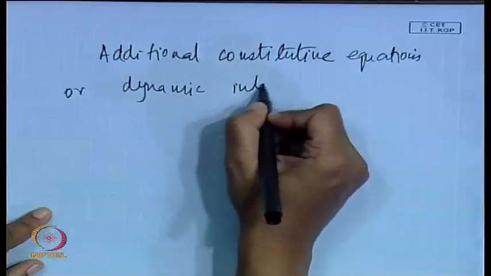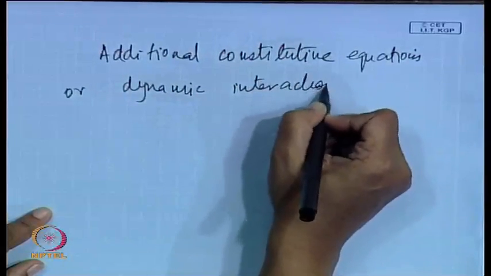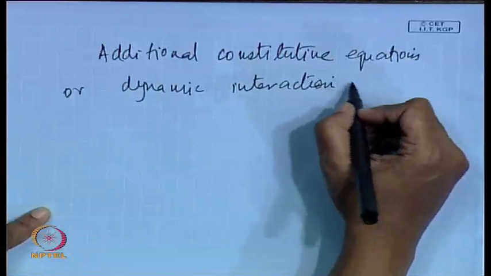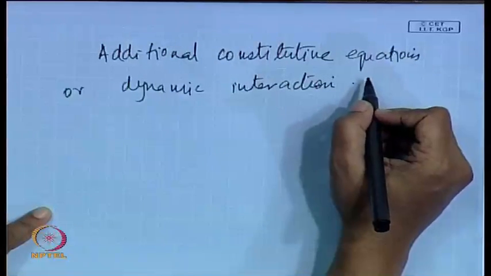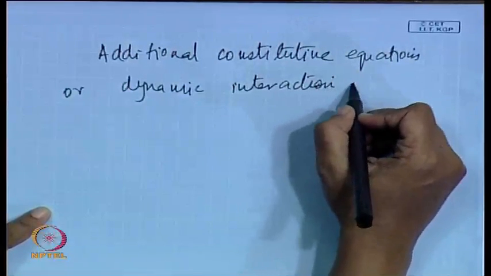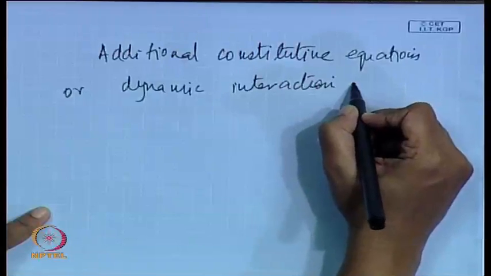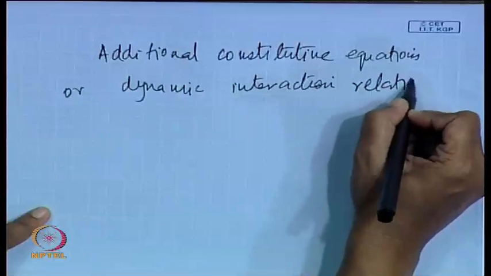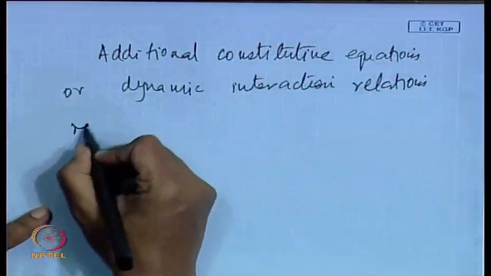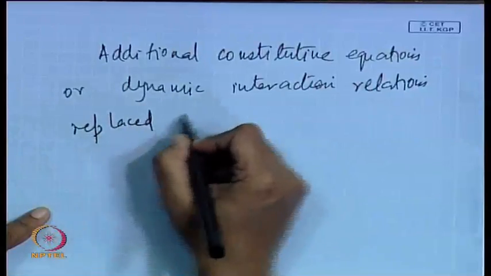Since we have eliminated these 2, we have definitely considered the relative motion. So, either we have to give additional constitutive equations or some dynamic interaction relations, replaced by constitutive laws.